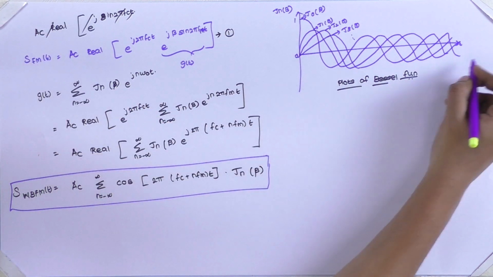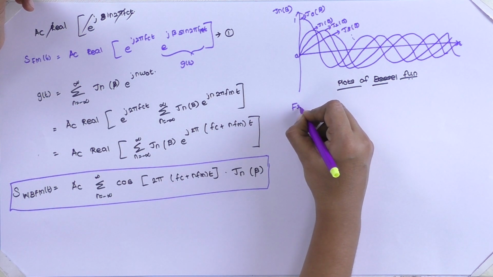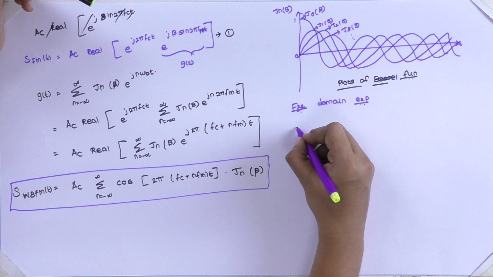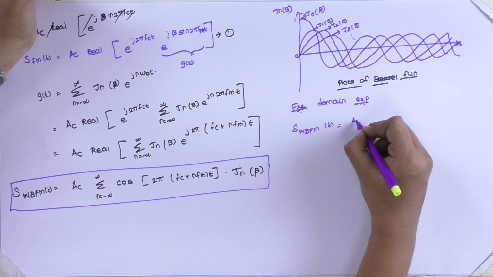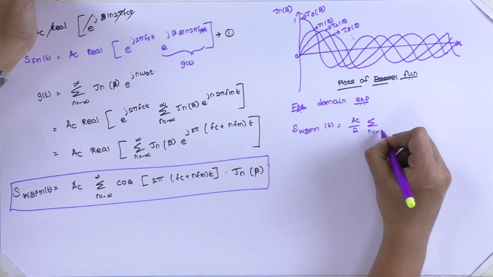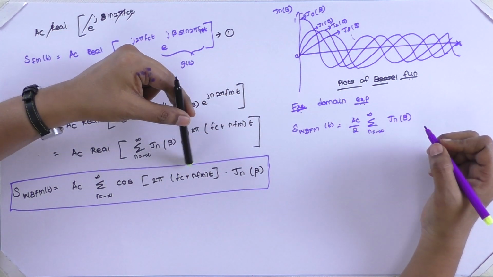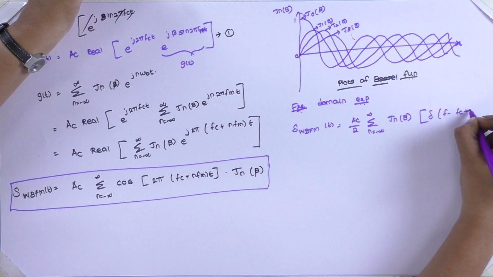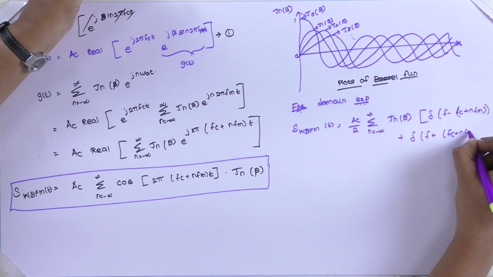So it shows this, it is the time domain expression. When we convert this time domain expression into frequency domain expression, our waveform will have an infinite number of sideband frequencies, that is AC by 2 summation over n is equal to minus infinity to plus infinity Jn of beta, this cos 2 pi fc plus n fm of t can be represented as delta of f minus fc plus n fm plus delta of f plus fc plus n fm.